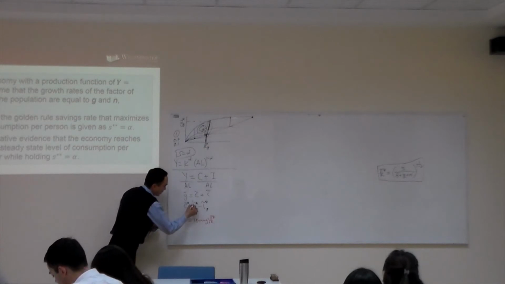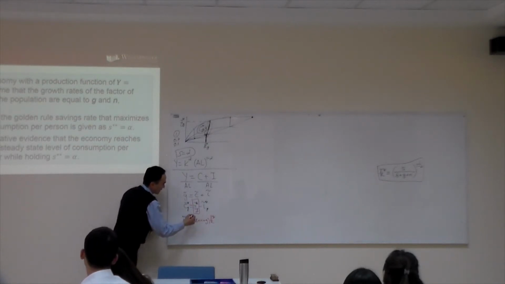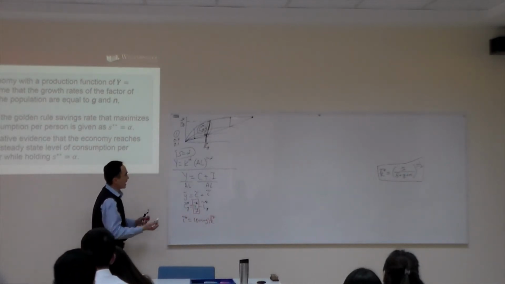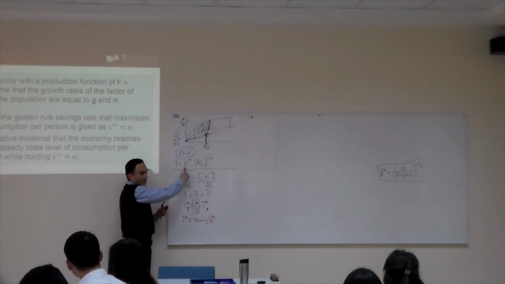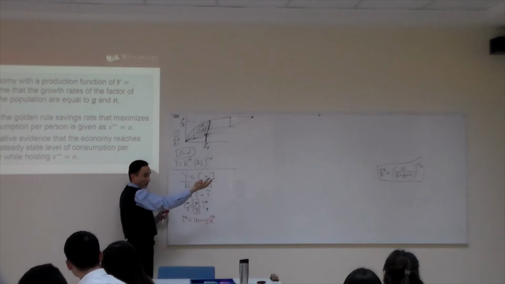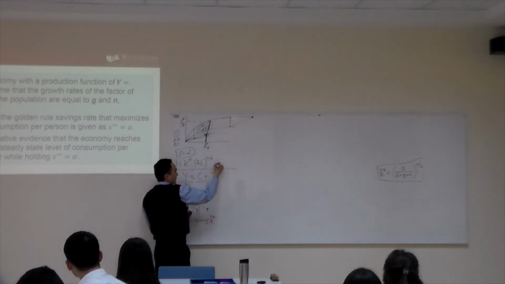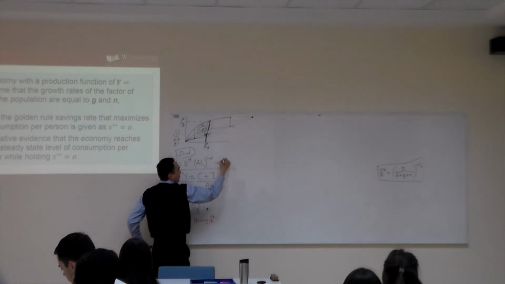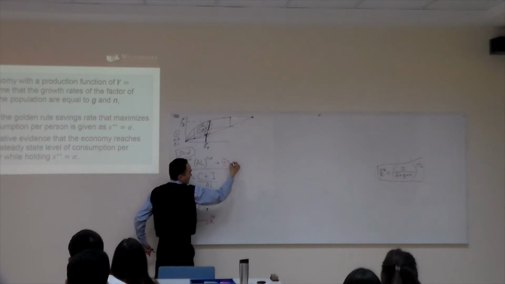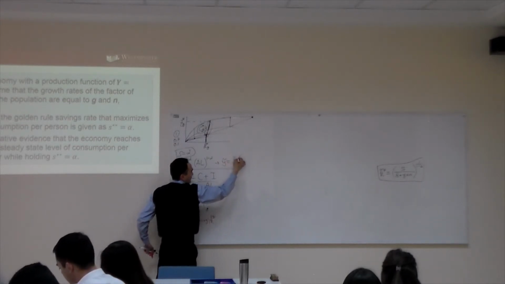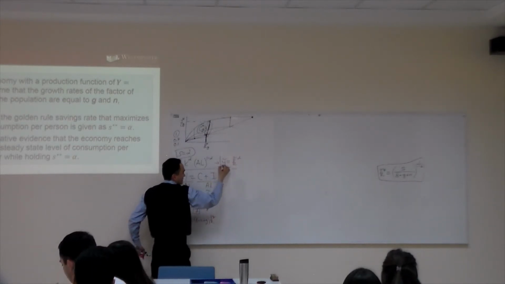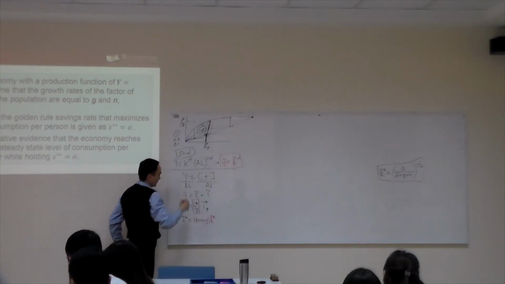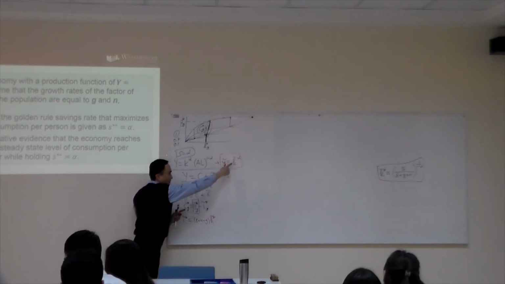So what is our output per effective labor equal to? Our production function is given, right? If we divide both sides by effective labor, as we already derived, we will get output per effective labor is equal to capital per effective labor to the power of alpha. Yes? So now this is equal to this one.